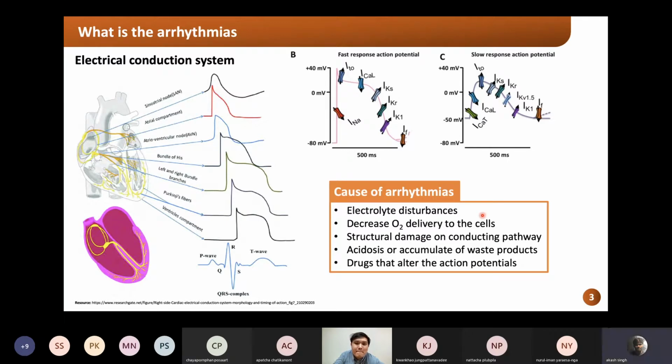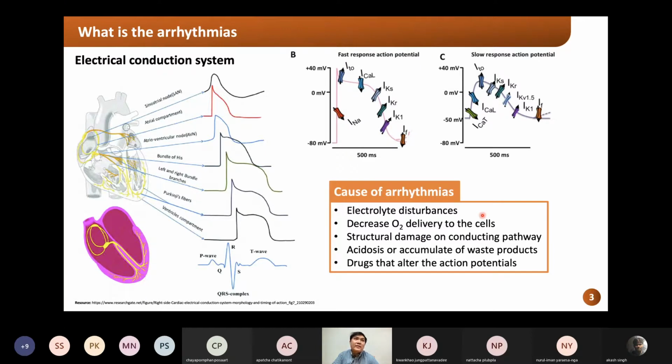I was wondering how it can cause arrhythmia. All right, so normally when the tissue has some acidosis or accumulation of waste product, eventually it's going to have inflammation, right?